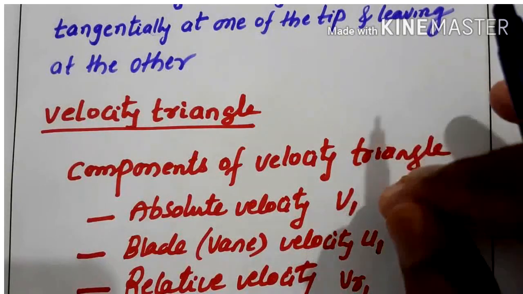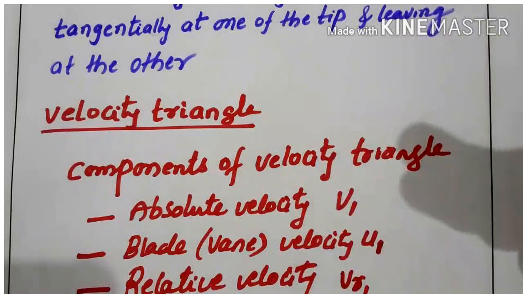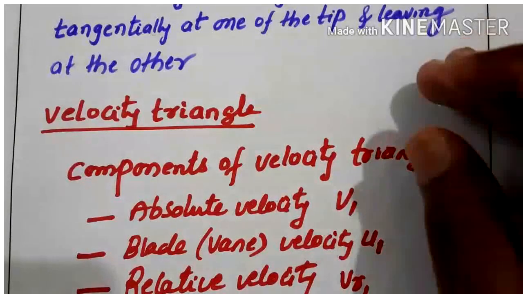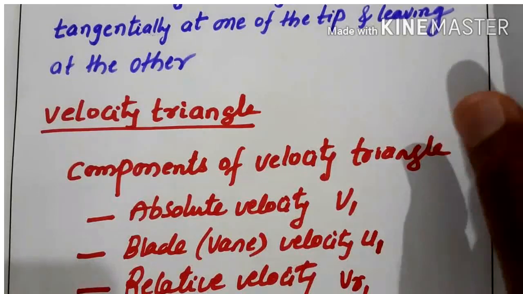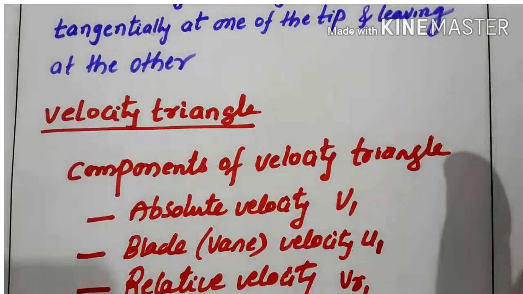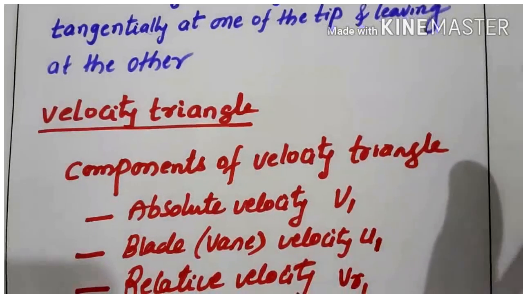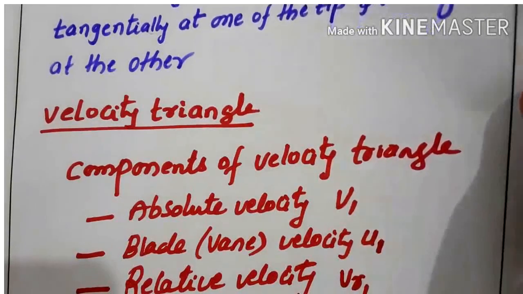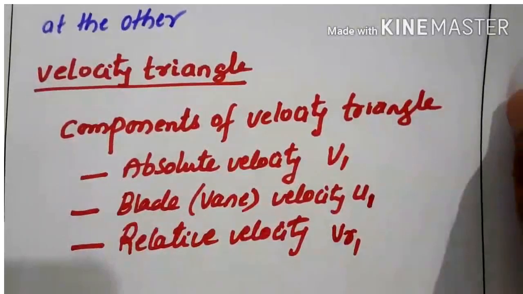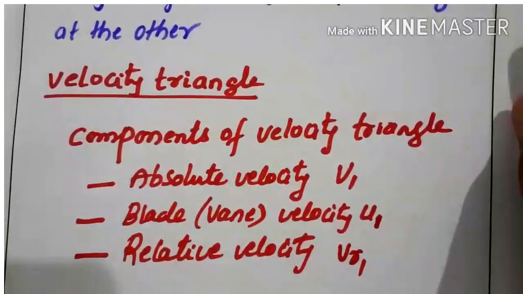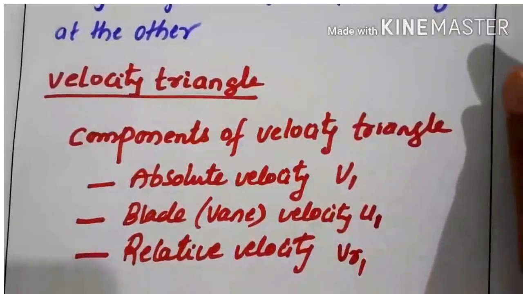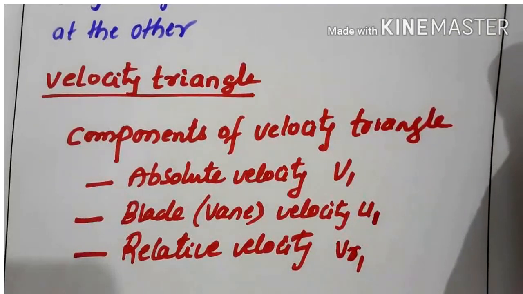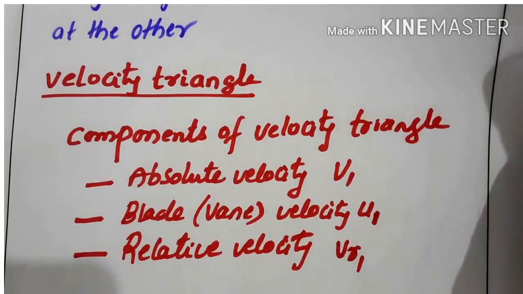In these turbo machines, whether turbines or compressors, if you want to analyze the fluid force, or calculate the force exerted by the fluid or the work done by the fluid, we have to use the velocity triangle concept. So what do we mean by a velocity triangle?